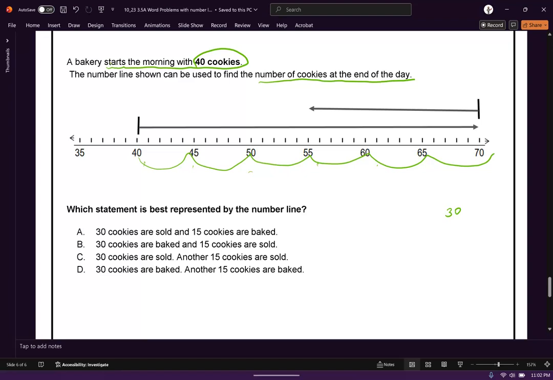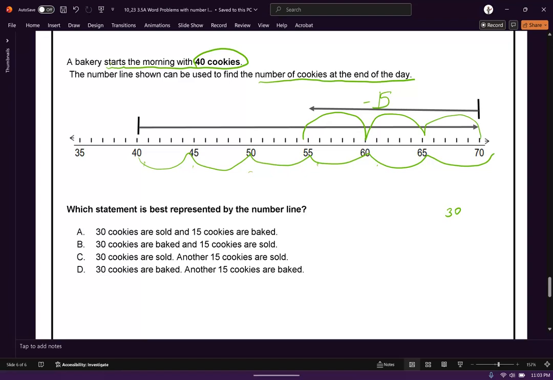Now, the other arrow starts at 70 and it's going backwards. It's going backwards 5, 10, 15. So you're taking away 15, right? That's how many they sold, because the arrow's going the other way, taking away from the total.